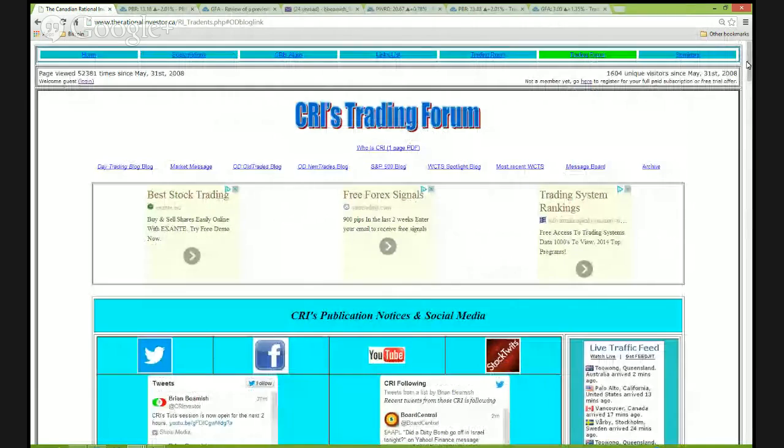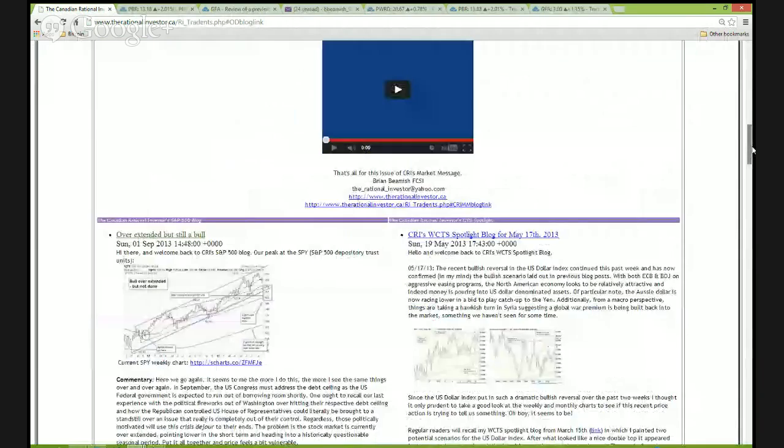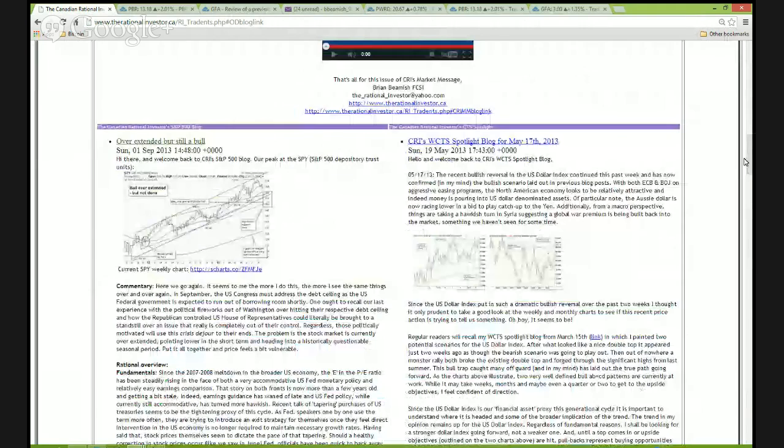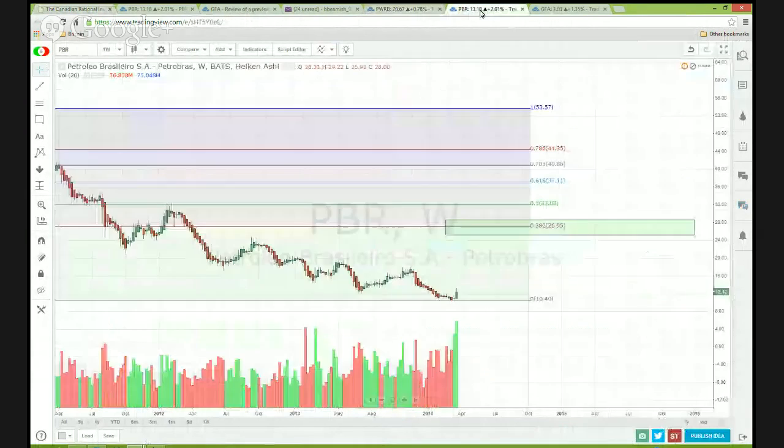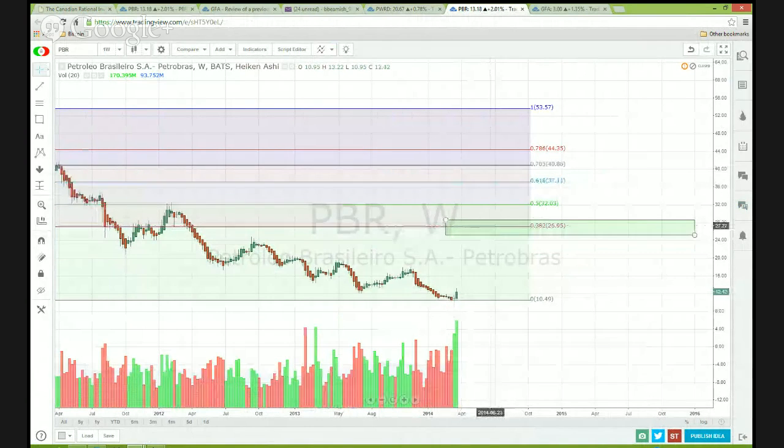I probably should. I would argue that these trades here, buying a long call option in the perfect world, would have been an easy Only Doubles, and I would argue the same thing here. On this Brazilian oil stock, I think there's easily a double to be made on an options trade there.